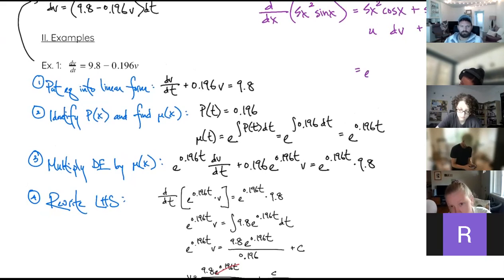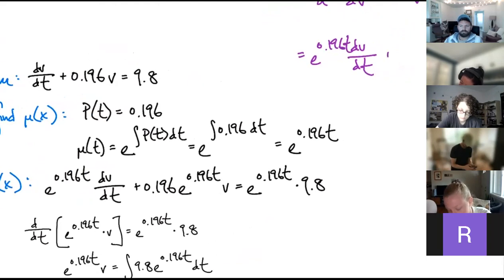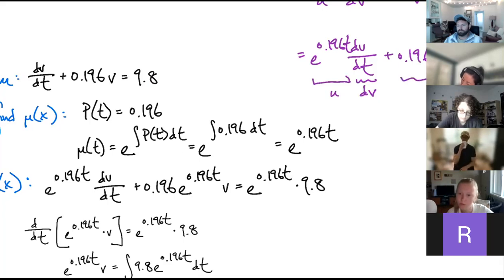And so if we look over here, maybe it would be helpful if we wrote this one out. e to the 0.196t dv/dt plus 0.196 e to the 0.196t v. If we had this, and this was our u dv plus v du, this must be our du, right?